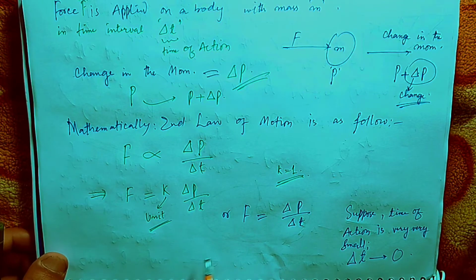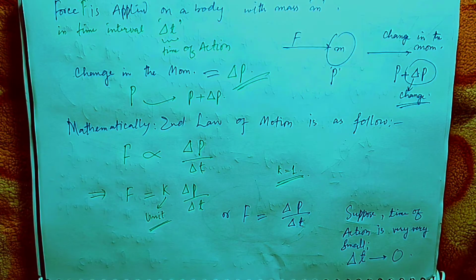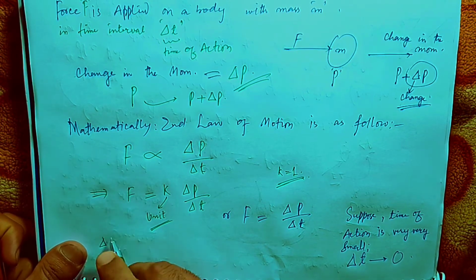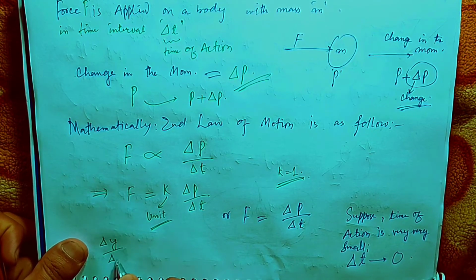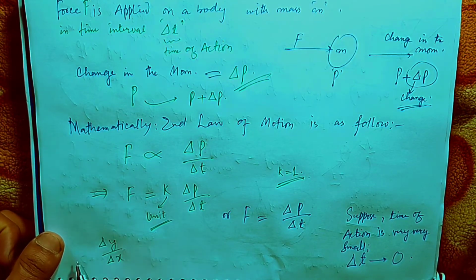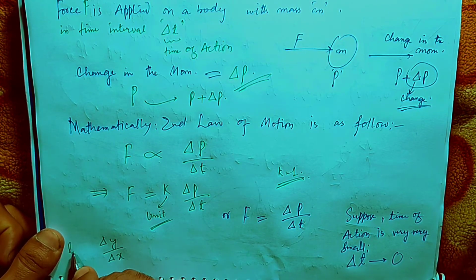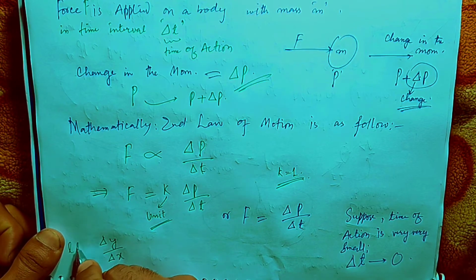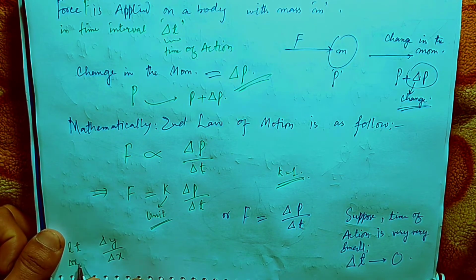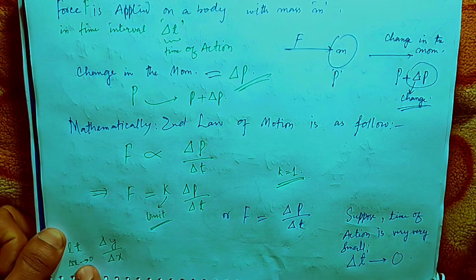So for that, further, we know that if delta y by delta x, this is a mathematical perspective, the limit is applied upon delta x tending to 0, that's the limit actually.